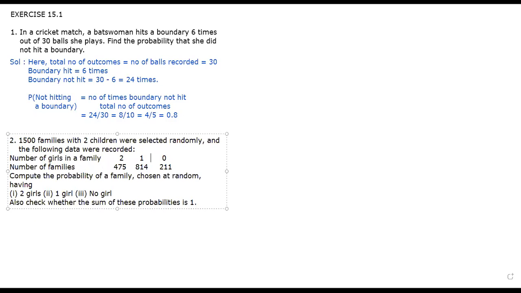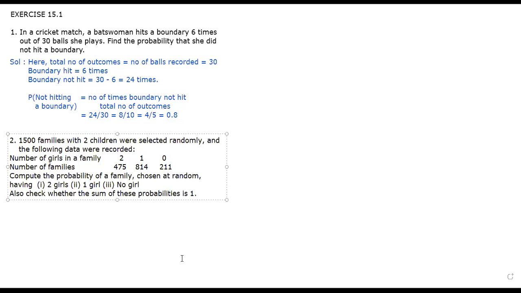Now tell me, in 814 families, there is 1 girl in the family. What does that mean? Exactly 2 children, and out of 2 children, if one is a girl, obviously the other one is a boy. So 1 girl means actually 1 girl and 1 boy.